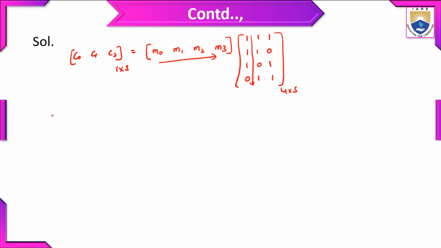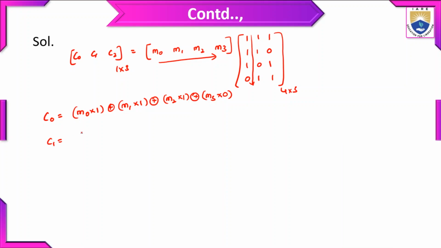So solving, we obtain C0 is equal to M0 into 1 XOR M1 into 1 XOR M2 into 1 XOR M3 into 0.